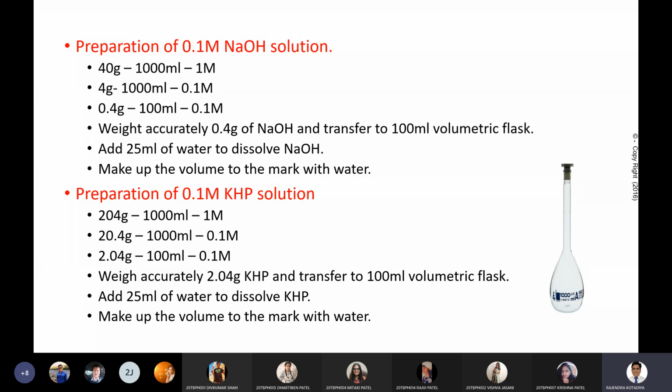Are you getting my points? Yes, sir. So when you compare these two preparations, when we talk about KHP, આવું કશું જ થશે નહીં. When you weigh 2.04 gram, dissolve it in 100 ml, you will get 0.1 molar strength. But in the case of NaOH, when you weigh 0.4 gram, dissolve it in 100 ml, there are less chances of getting 0.1 molar strength because of the obvious reason.